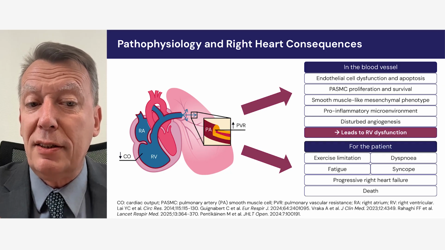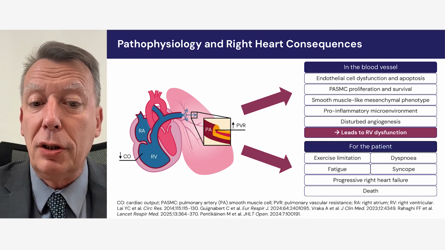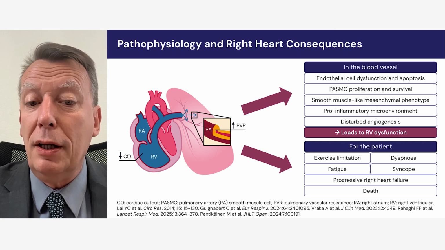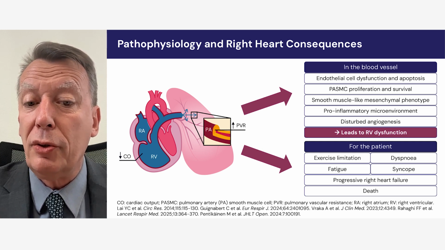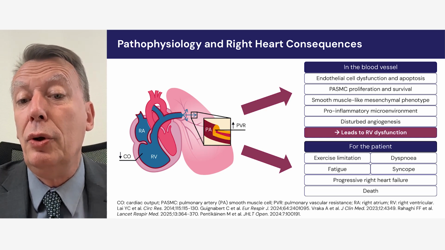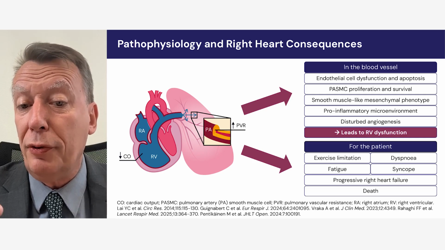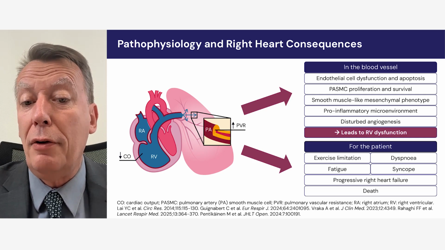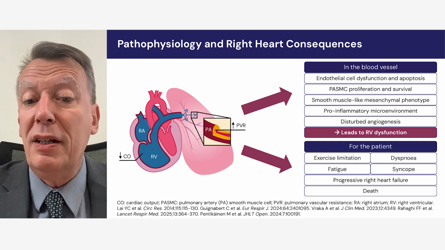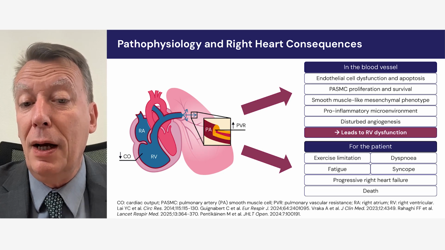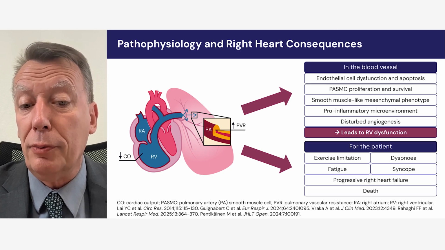So the processes in pulmonary arterial hypertension lie in the vessel, the pulmonary circulation. In that circulation, endothelial cells are dysfunctional, and this may lead to apoptosis. The smooth muscle cells in the vessels do proliferate, and they do have increased survival. There is also a smooth muscle-like mesenchymal phenotype, a pro-inflammatory microenvironment, and a disturbed angiogenesis.